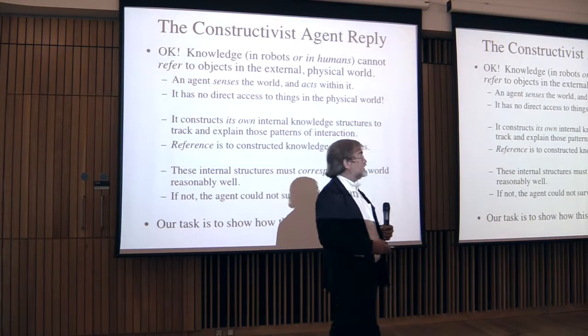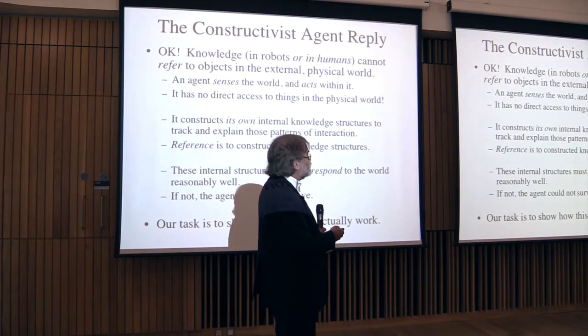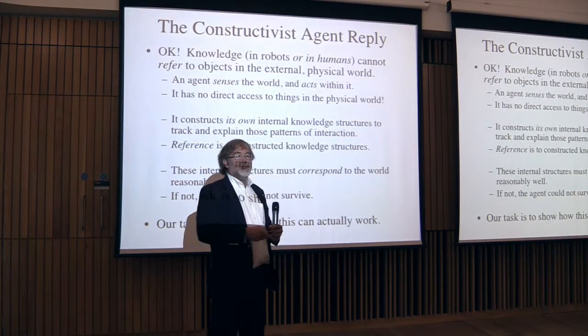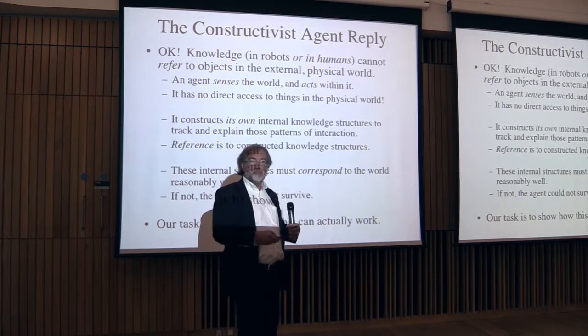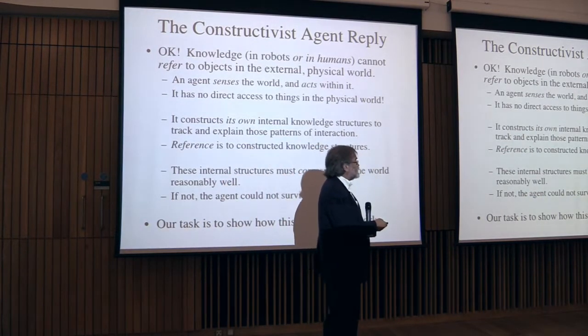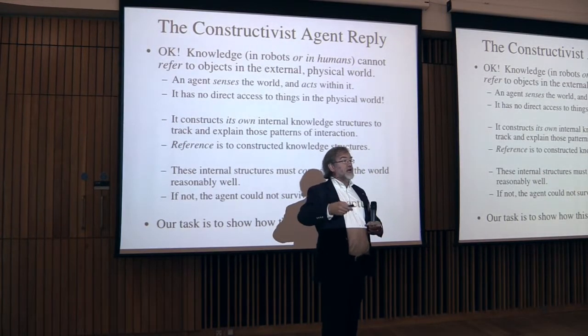And that's what we're going to get to. So what the agent ends up doing is constructing its own internal knowledge structures that track and explain certain patterns of interaction on its sensory interfaces. And those constructed knowledge structures are the kind of symbolic things that logical reference can refer to.